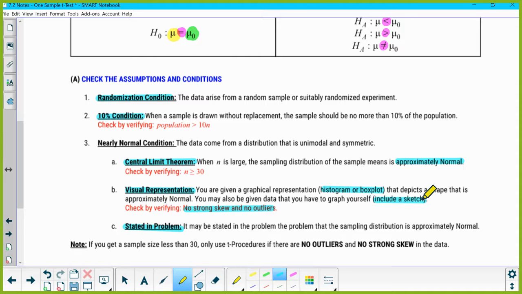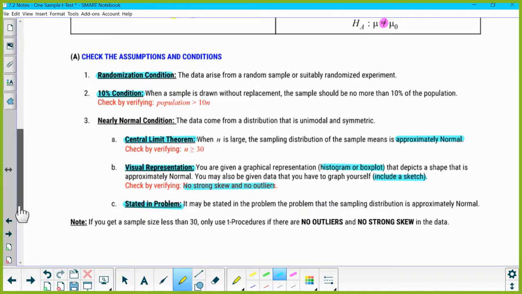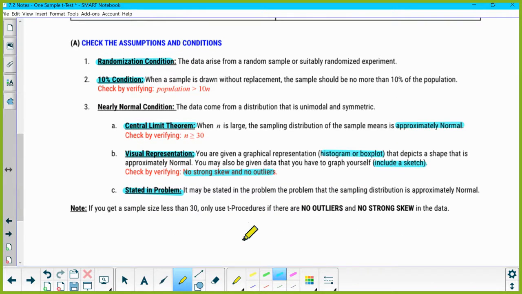They, for the most part, will not have you enter tons and tons of data into your calculator just to help refine the possible answers they have to go through and grade. And another thing, if you do happen to get a sample size that is less than 30, you can only do t procedures when we have no outliers and no strong skew. And basically, that falls right in line with us having to do a visual representation.